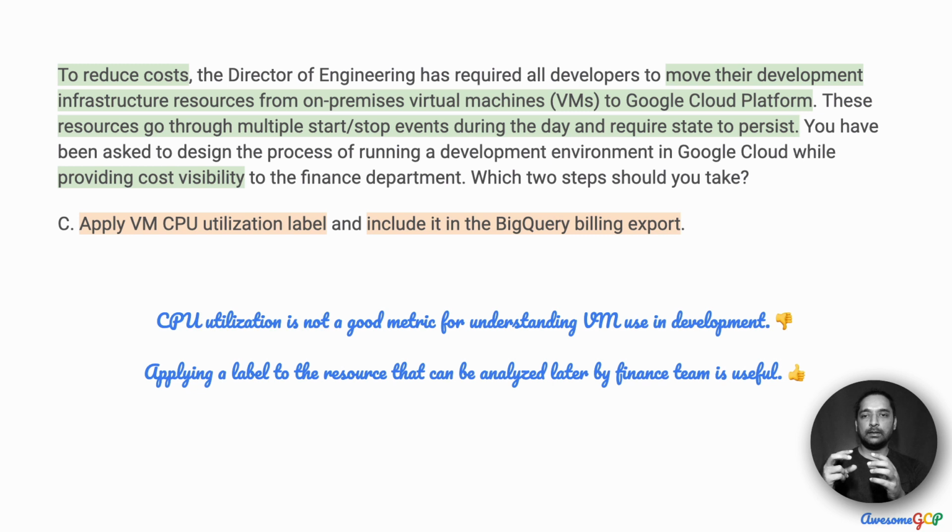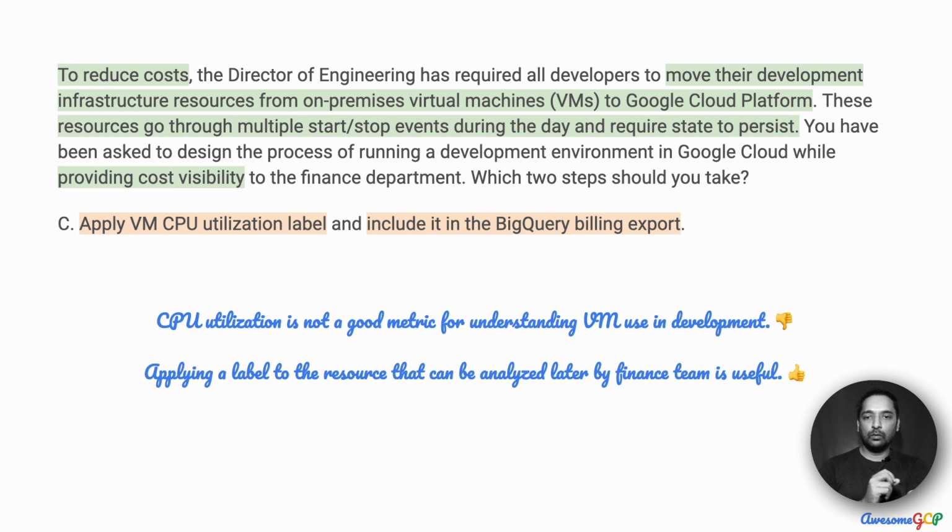If that is assumed to be an indication that the VM is not required, that would be the wrong conclusion to make. So CPU utilization is not a suitable metric to decide the usage pattern of the VMs in development.